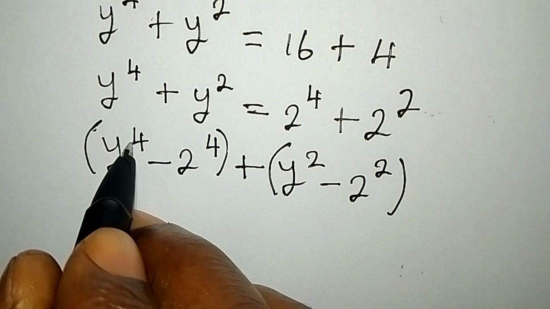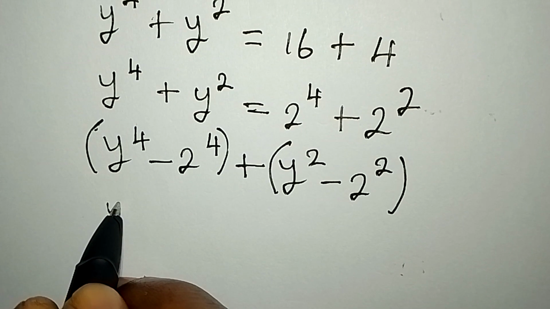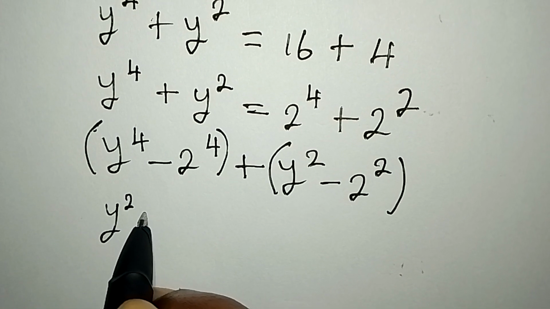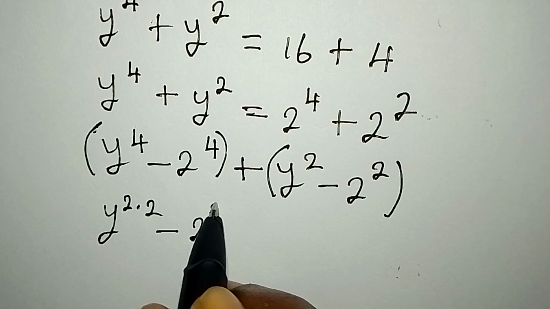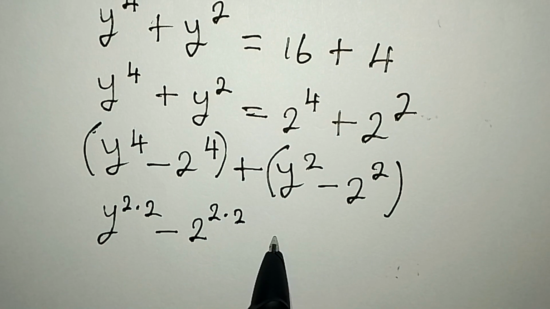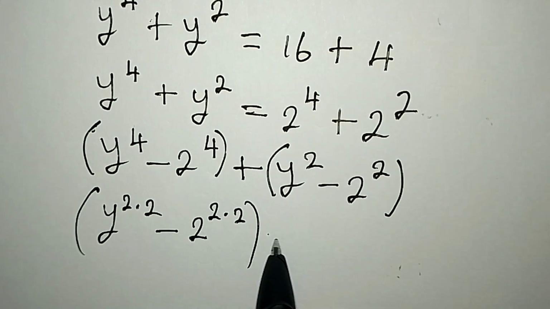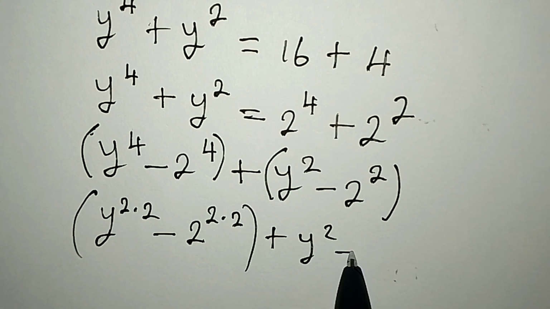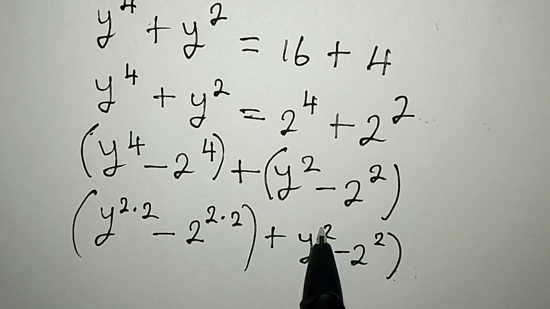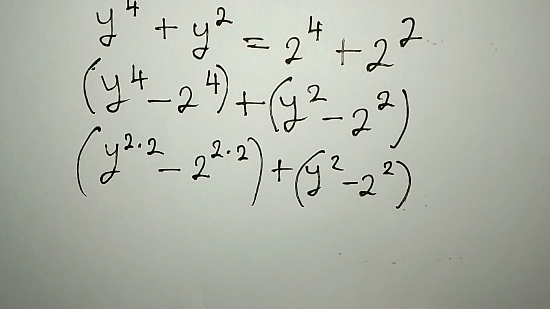Now I can break what I have here down into y squared multiplied by 2 minus 2 squared multiplied by 2, then I have plus y squared minus 2 squared. So what again can I do?